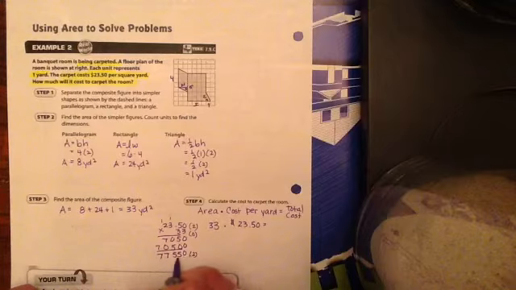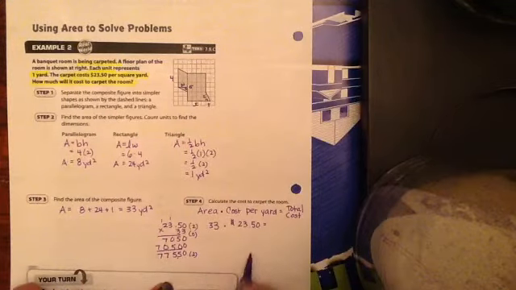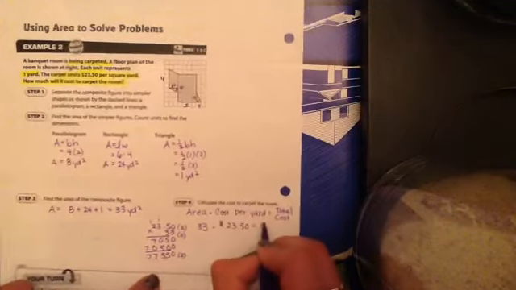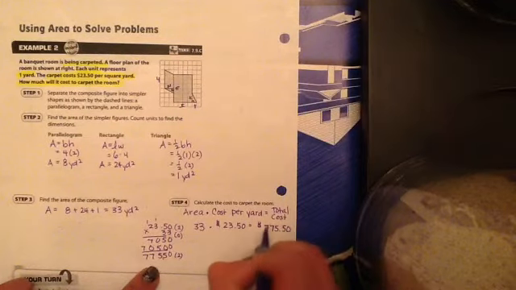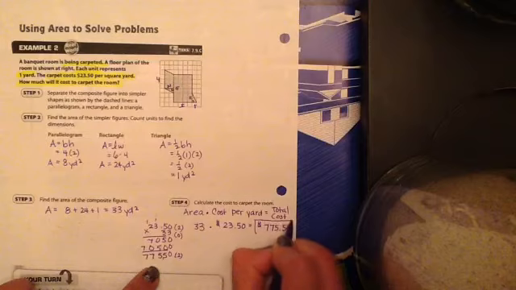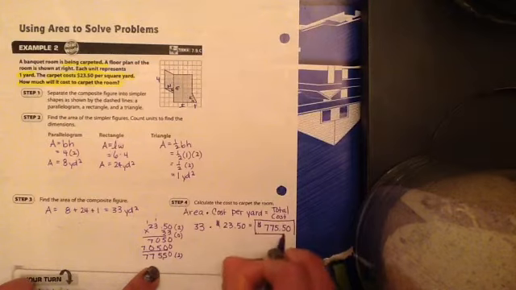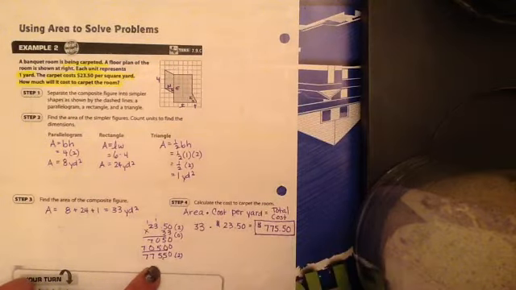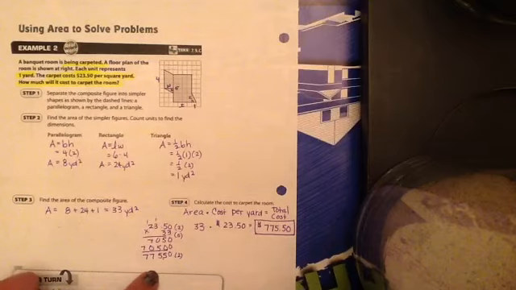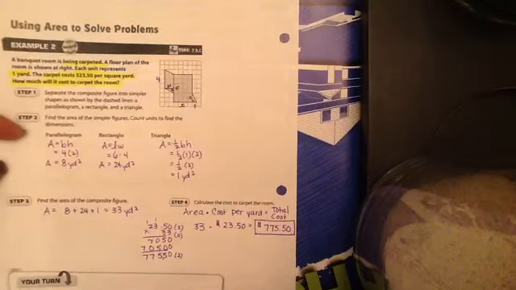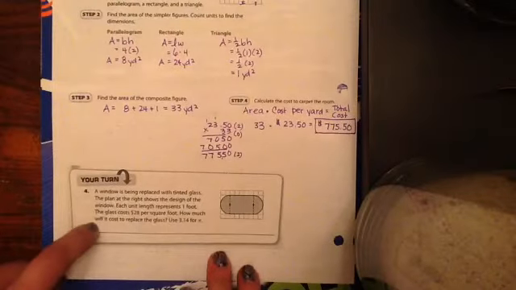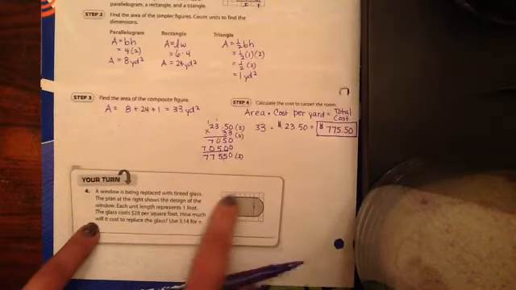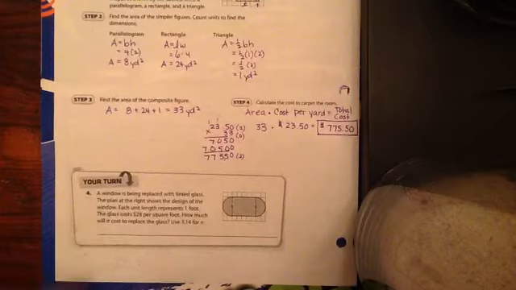So when I go in 1, 2, the total cost of my carpet, this is my final answer, is $775.50. That's what the question was asking. The cost of the entire room, $775.50.